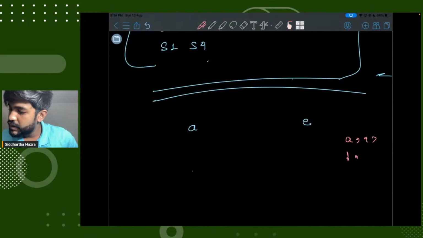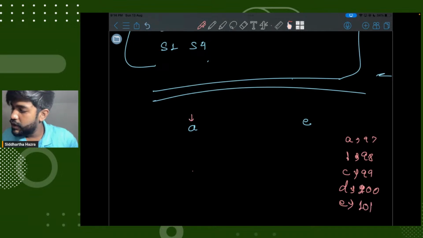So I know that the ASCII value of A is equal to 97, B is equal to 98, C is equal to 99, D is equal to 100, and E is equal to 101. So A's value would be 97 and E's value would be 101.